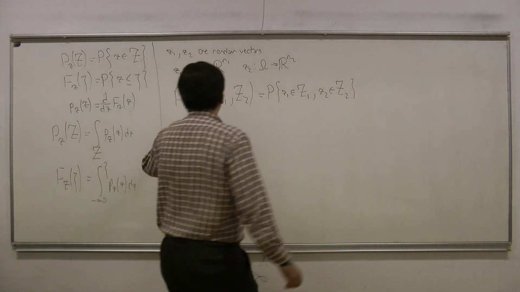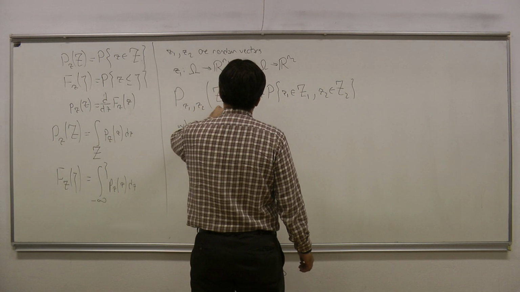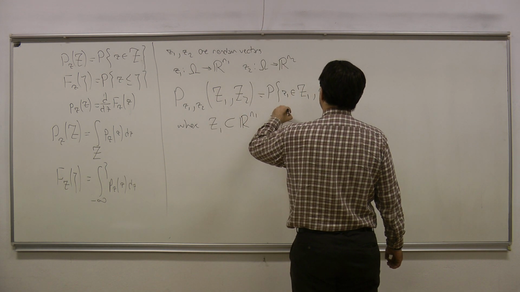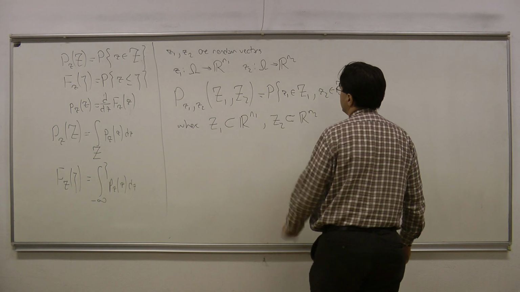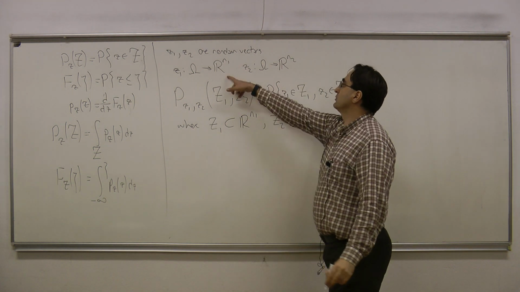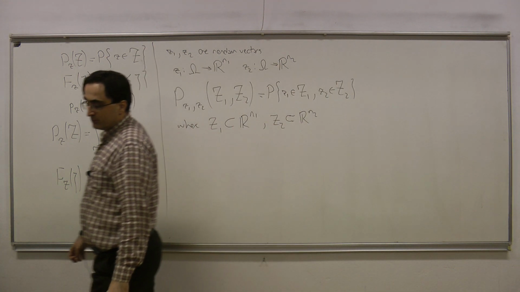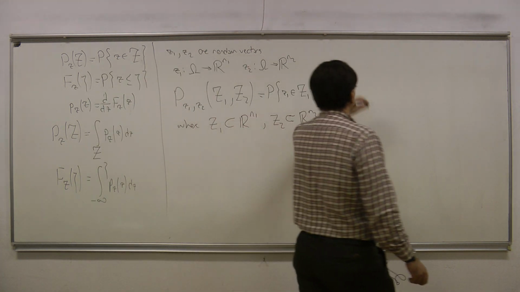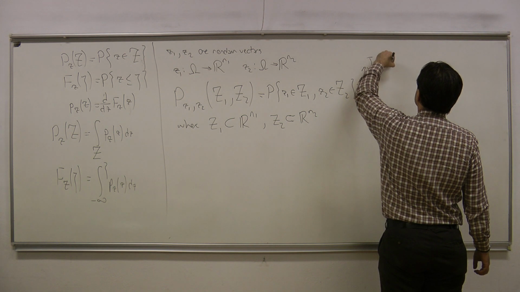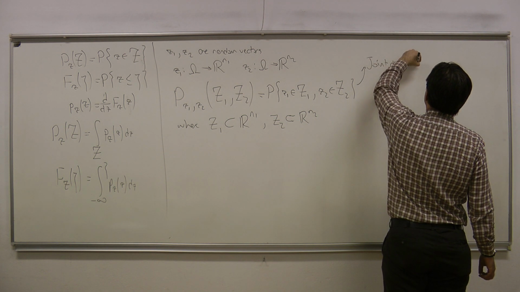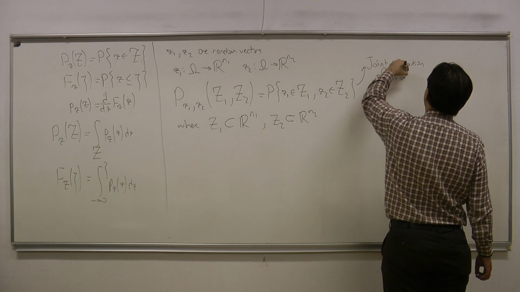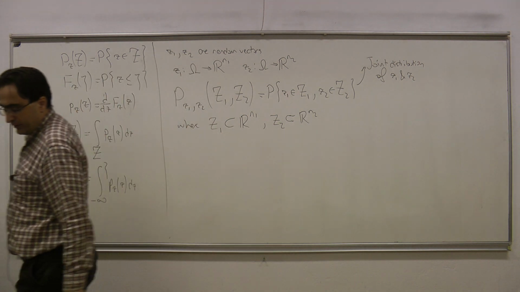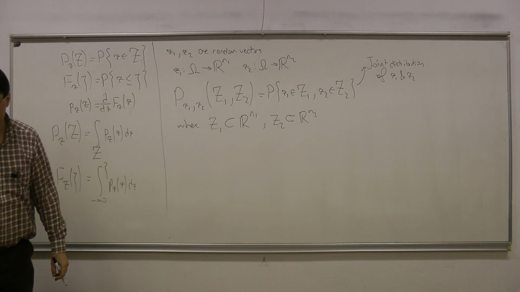Here capital Z1 is a subset of Rn1 and capital Z2 is a subset of Rn2, the codomains of the random vectors here. Okay, and this is called the joint distribution of Z1 and Z2. If you have more random vectors, then you can increase the order of this joint distribution.